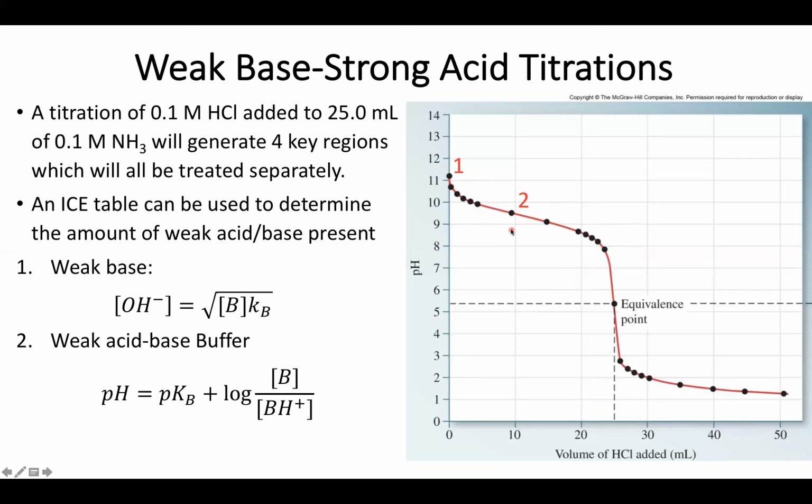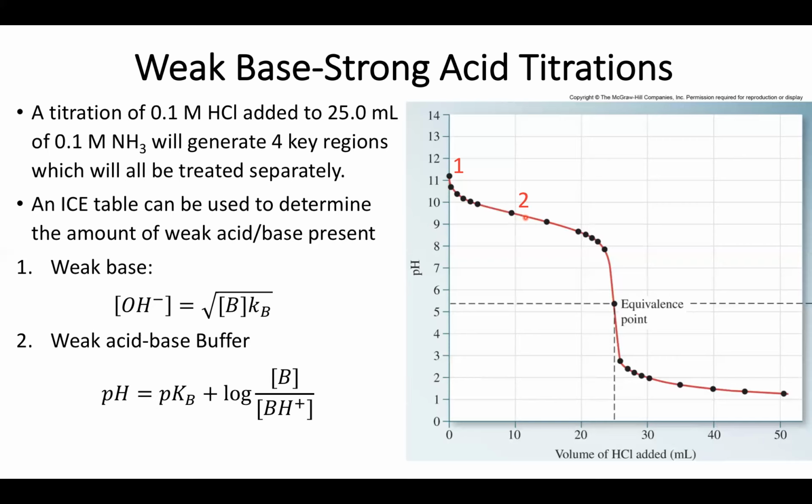With again the very notable point where exactly half of the ammonia has been converted into ammonium, at which point you've reached the halfway point, so cleverly named, and the pH will equal the pKa.